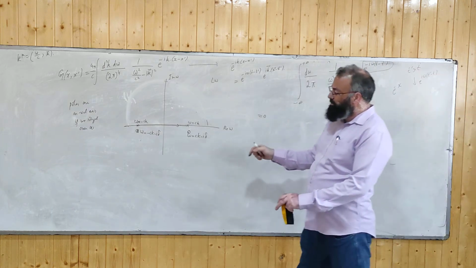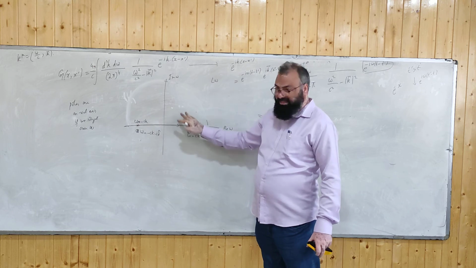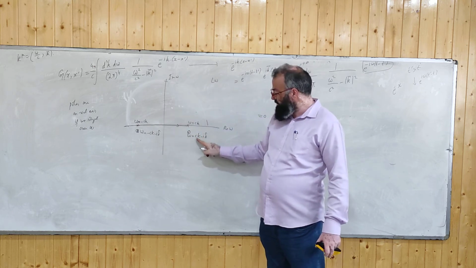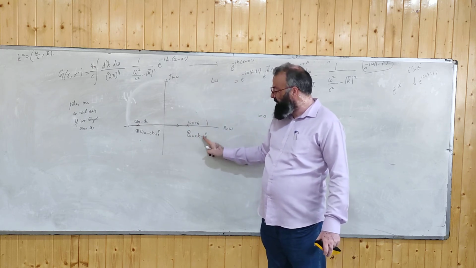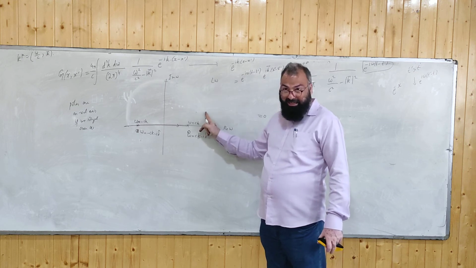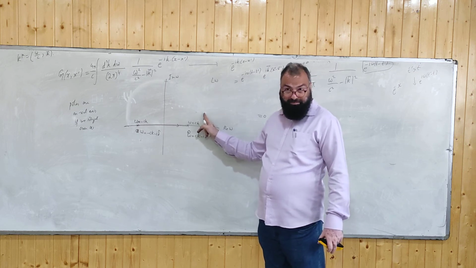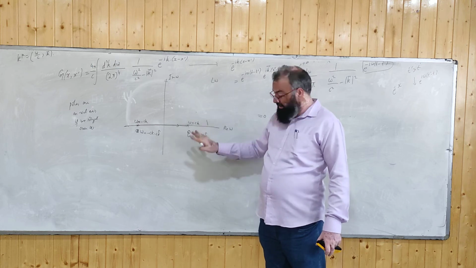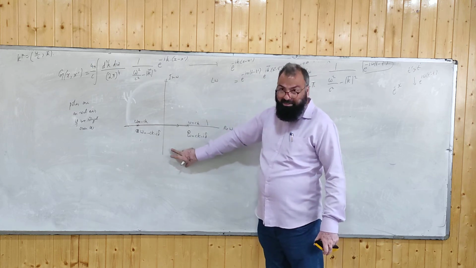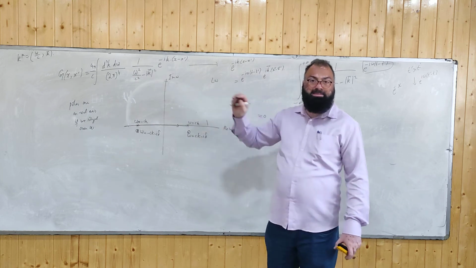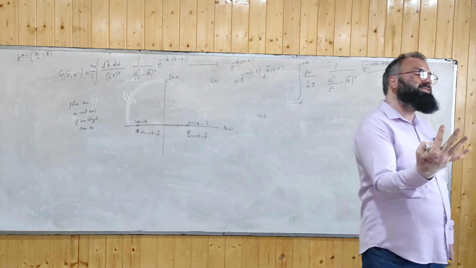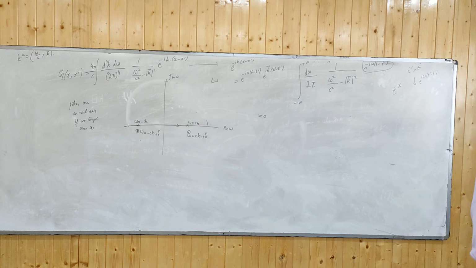If you have pushed these singularities, the poles, up by i delta into the upper half plane, then this retarded part will be 0, and we call this the advanced part. So the retarded Green's function comes from evaluating this integral in the lower half plane. Any problem? Okay, good. So let's work it out.